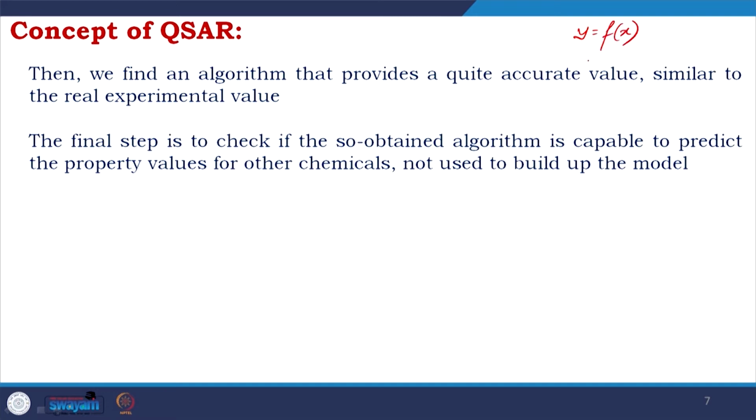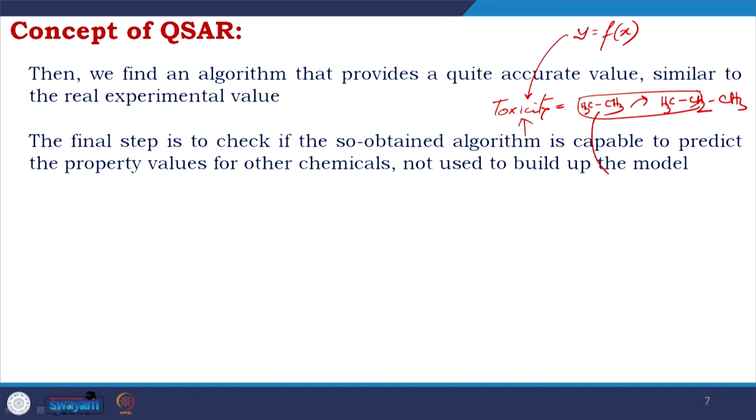Now, you take y as a property, like toxicity of a small molecule, and then you have an equation which defines, as I told, like if you have CH3 and it changed to CH2CH3, how toxicity would be changed.